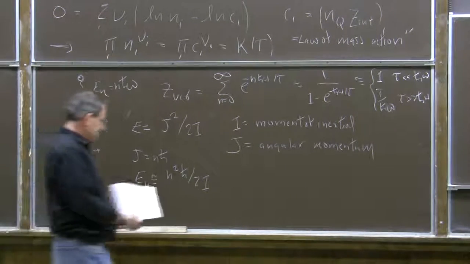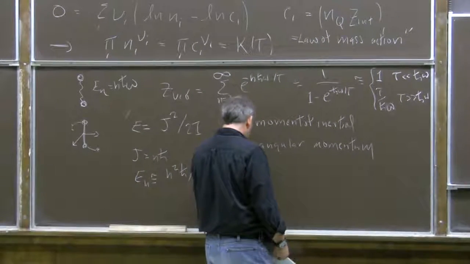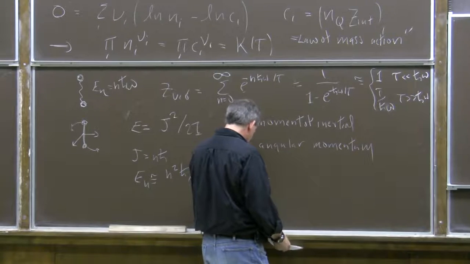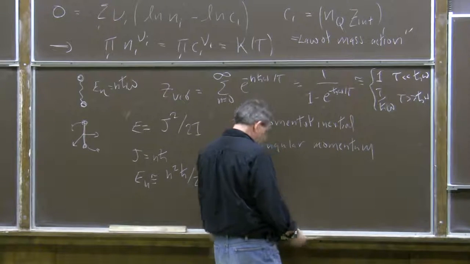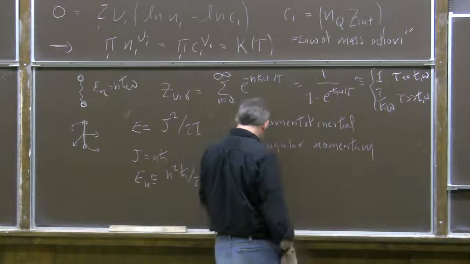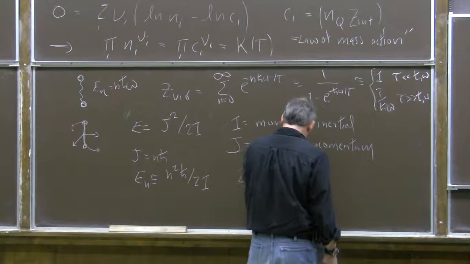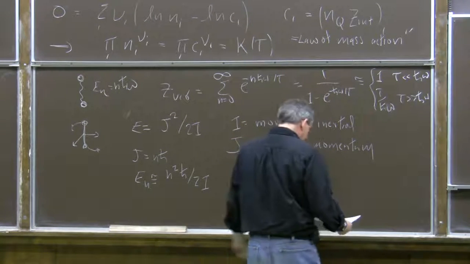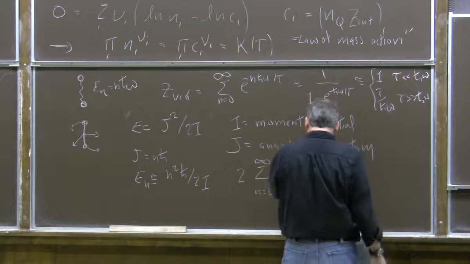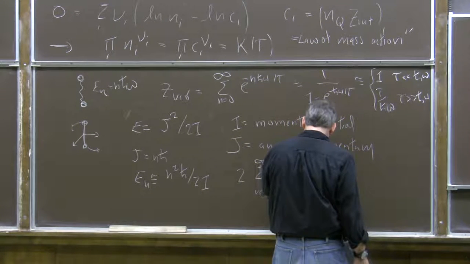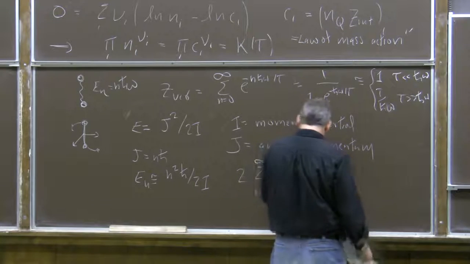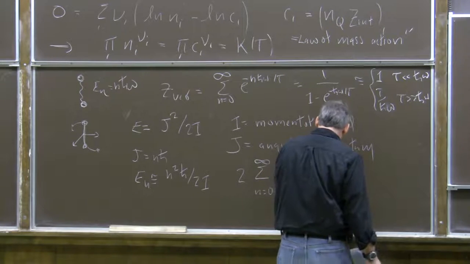So we would get something like 2, because there are 2 rotational degrees of freedom, times the sum over the quantized angular momentum quantum number n of the exponential of minus h bar squared over 2I tau times n squared.